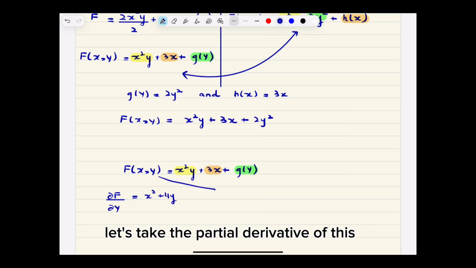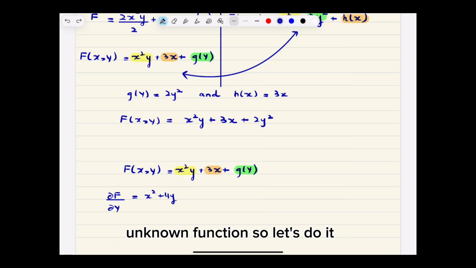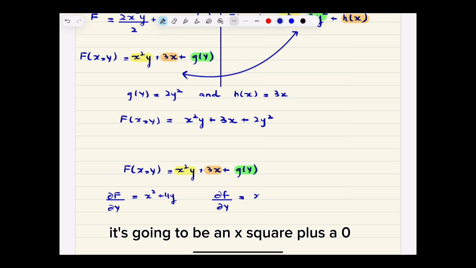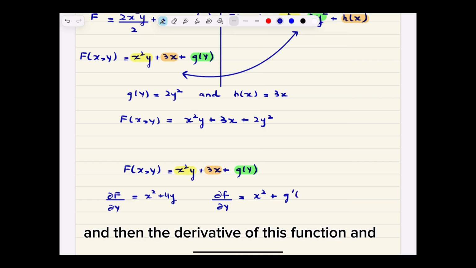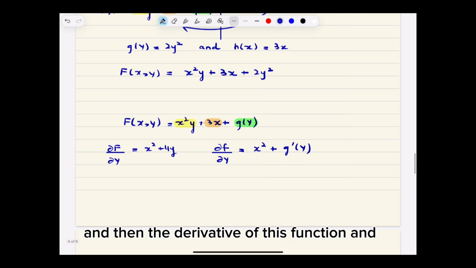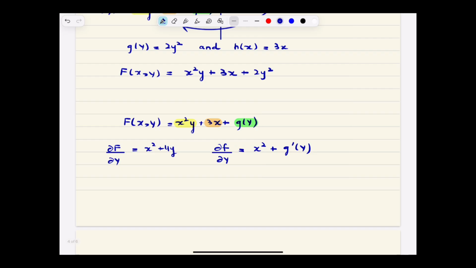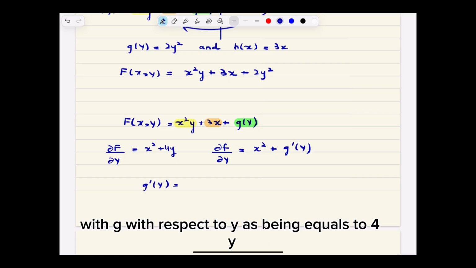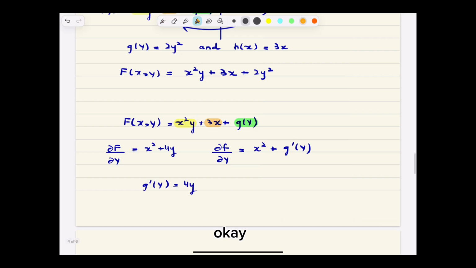So let's take the partial derivative of this unknown function with respect to y. It's going to be x squared plus 0 and then the derivative of g. If we equate these, I will get the derivative of g with respect to y as being equal to 4y.